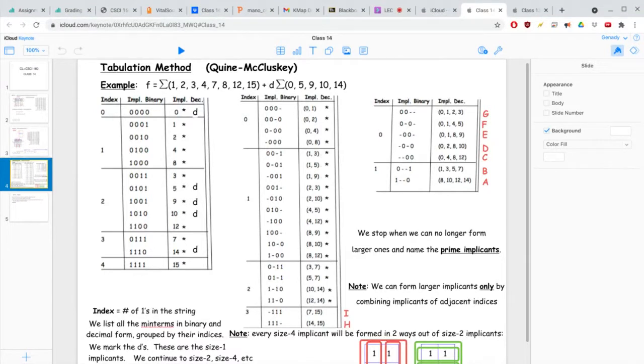I think that none of the other ones are essential in that sense, but in order to come up with a minimal form that covers all of these squares, you will need a lot of them in each minimal form. You will need at least an H or an I, right? And let's say that if you took an I, then you will need another one that covers 14, and that means that you will need an A. So it's sort of like a chain reaction.